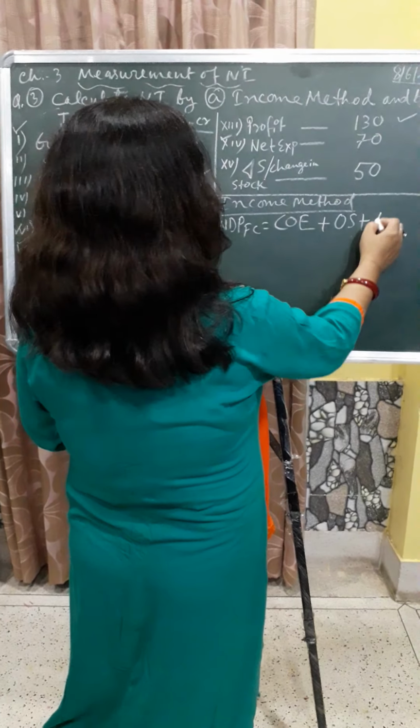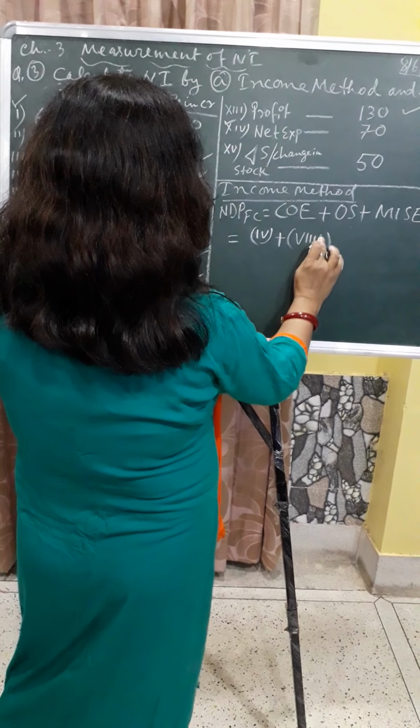Wages and salaries, this is item number 4, plus social security contribution by employer, number 8.